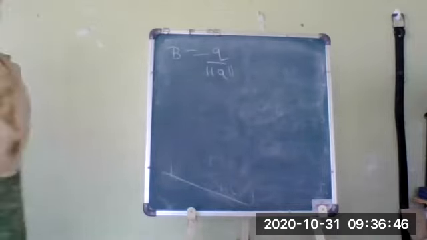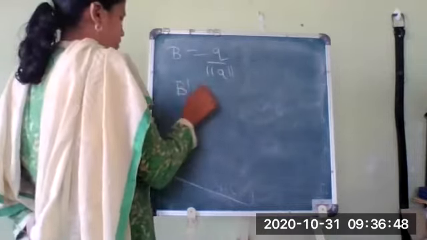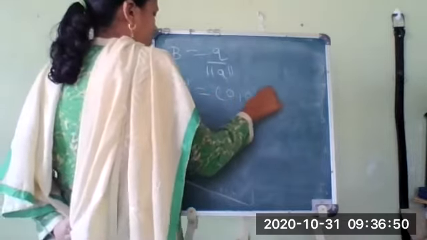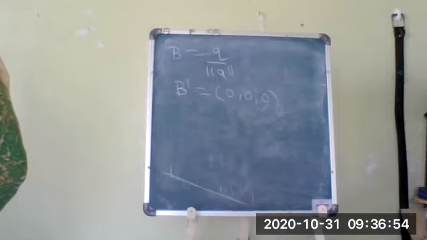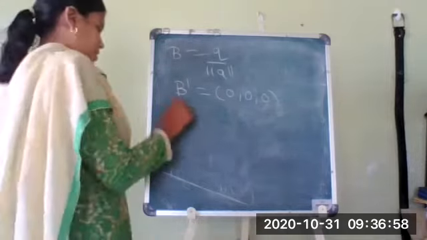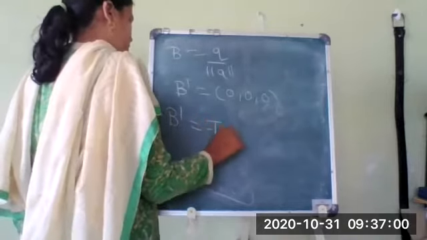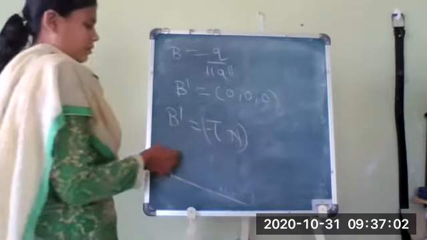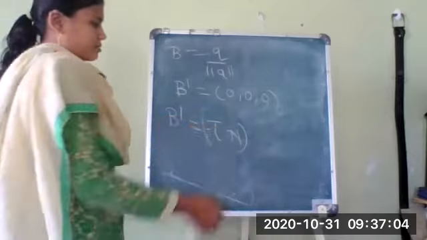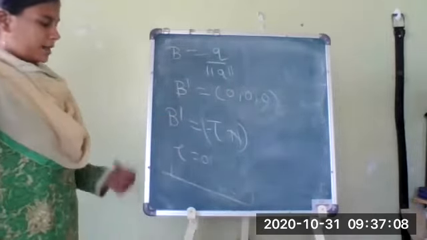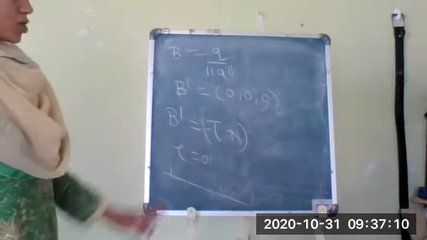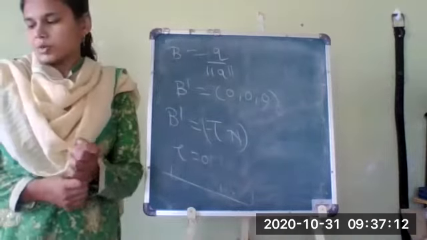Obviously, if you differentiate with respect to s, b dash will be equal to 0 as it is a unit vector. Hence b dash is equal to minus tau into n. This is a formula we have obtained. If b dash is 0, what must be tau? Tau should always be equal to 0. Hence we have proved that if beta is a plane curve, torsion tau should be equal to 0.